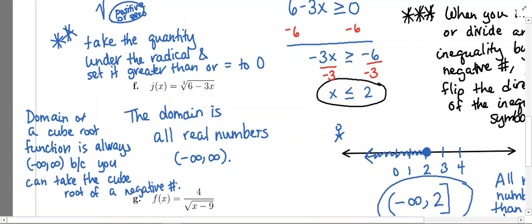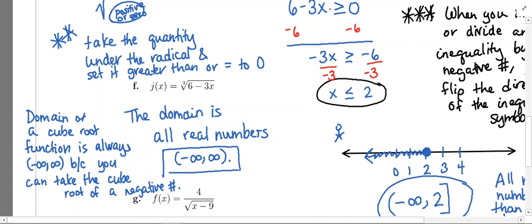Again, if you take an x value, you pop it into the cube root, what's underneath, you simplify, you end up with a negative, no biggie. You can take the cube root of that result. So the domain of a cubed root function is always, always, always going to be all real numbers.